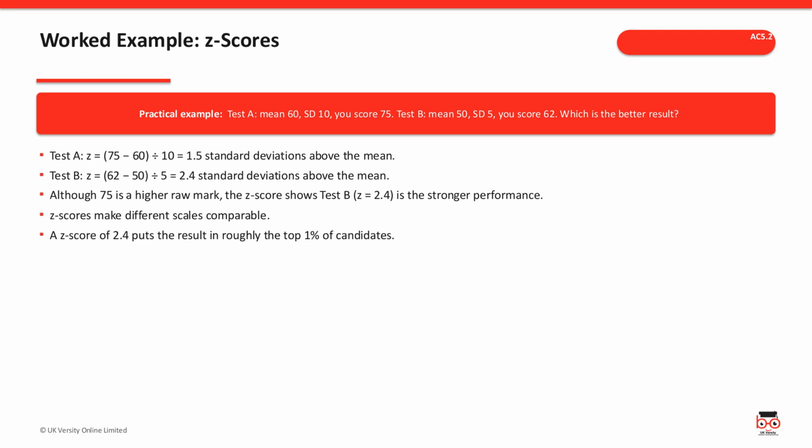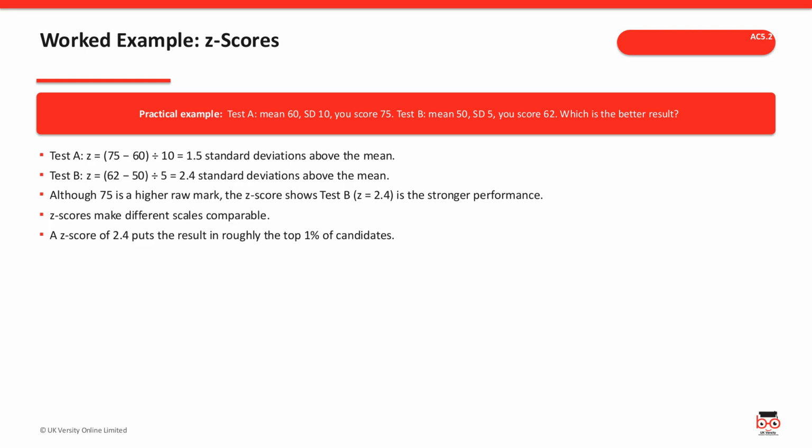Here's where z-scores earn their keep. On test A, the mean is 60 with a standard deviation of 10, and you score 75. On test B, the mean is 50 with a standard deviation of 5, and you score 62. Which is better? For test A, z is 75 minus 60, divided by 10, which is 1.5 standard deviations above the mean.